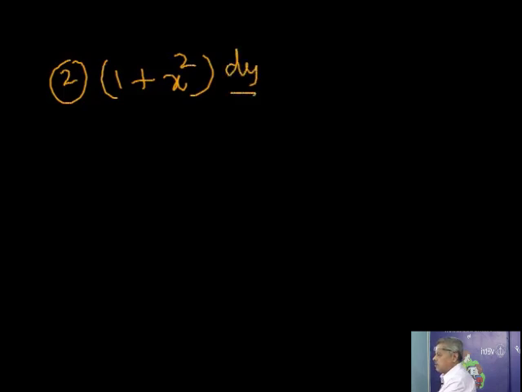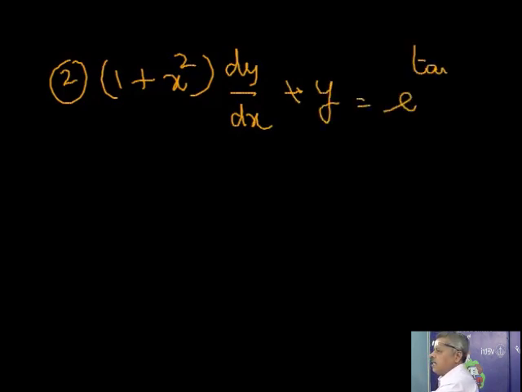Next problem. 1 plus x square dy by dx plus 2y is equal to e power tan inverse x. Now to convert this into a linear equation in y, you must get rid of the coefficient of dy by dx.